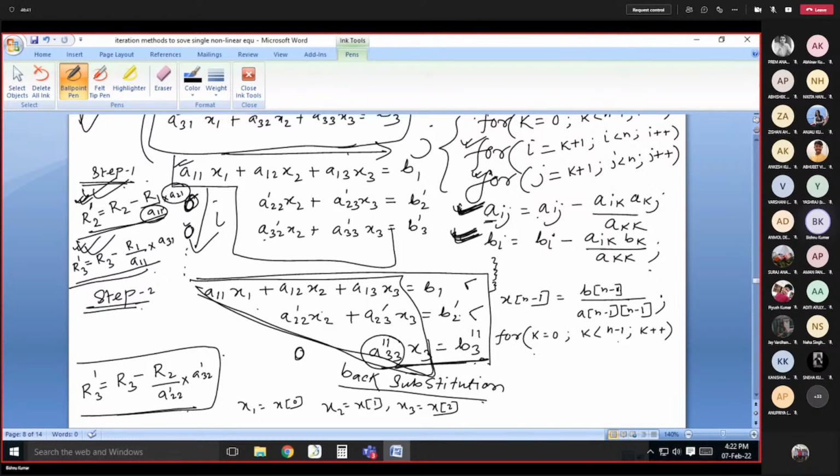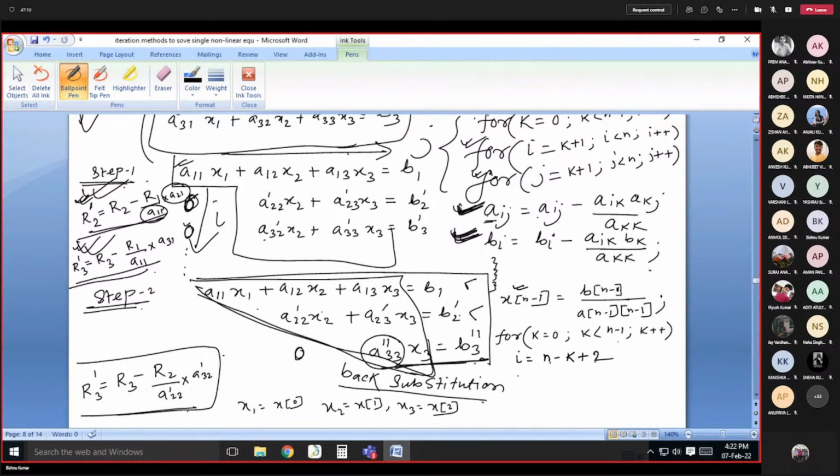But in a reducing way, for that purpose I set i equals n minus k minus 2. For k equals 0, that means n minus 2. Since the n minus 1 value is already calculated, with k equals 0 the next value, n minus 2, will be calculated.